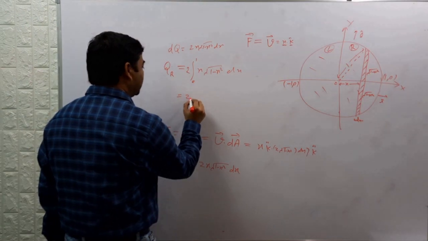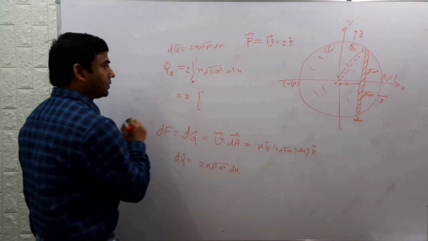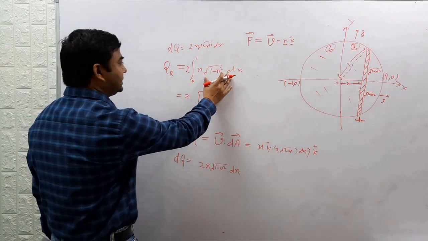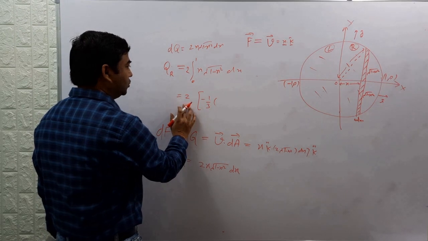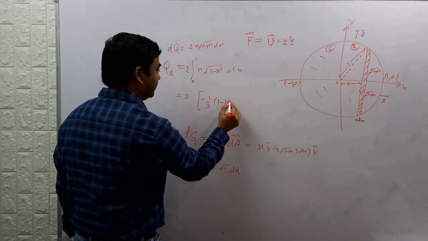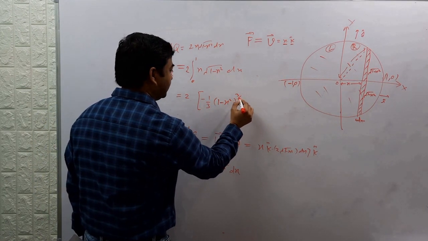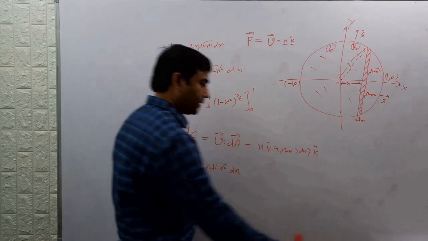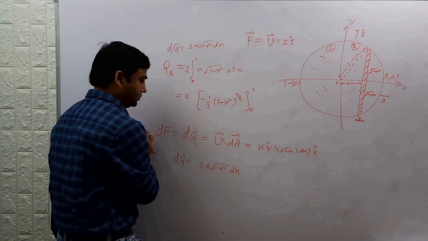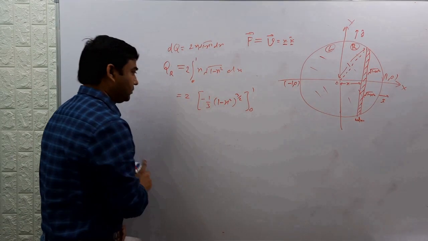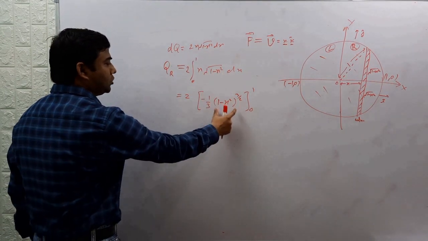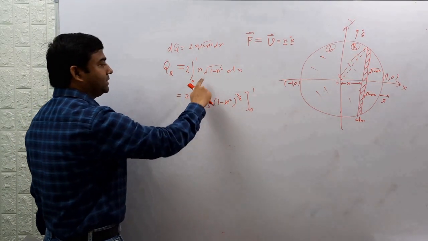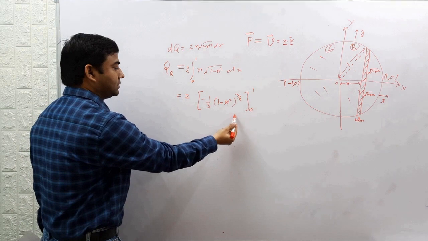And this can be written as 2 into minus 1 by 3 and 1 minus x square power 3 by 2, from 0 to 1. That is the integration of this. You can find it out; we have calculated it here. Integration of x under root 1 minus x square is this.